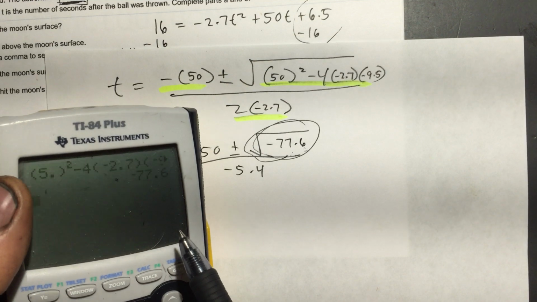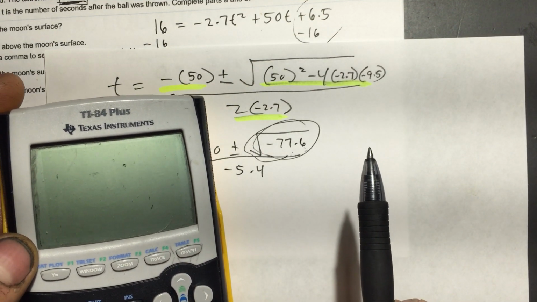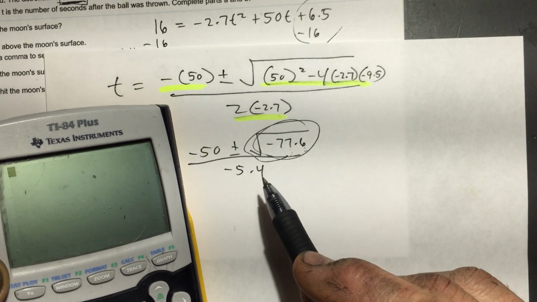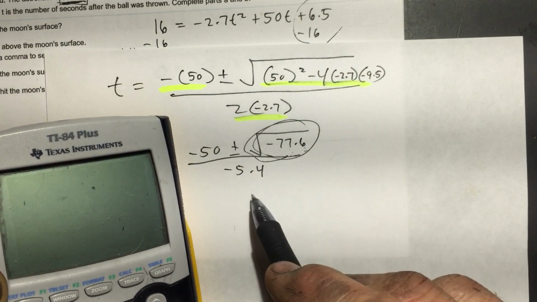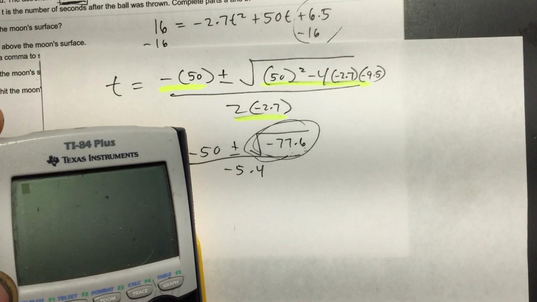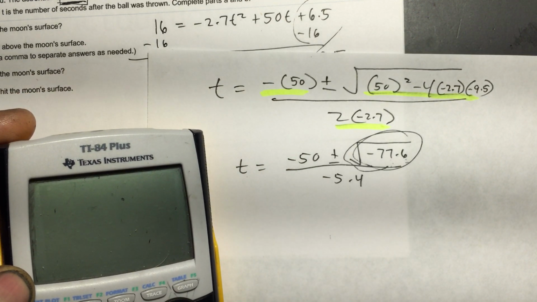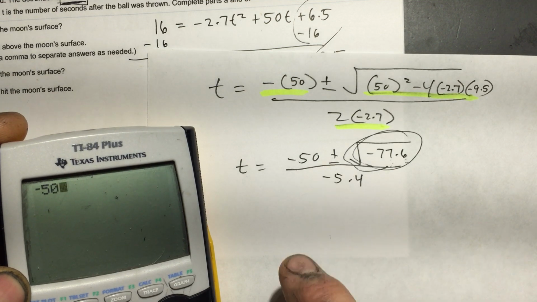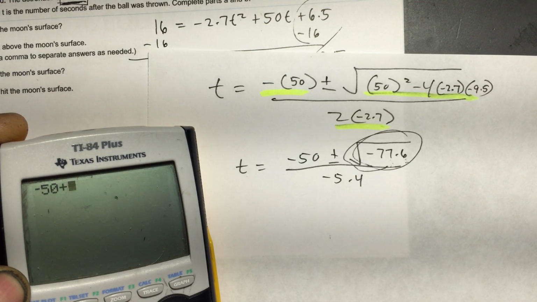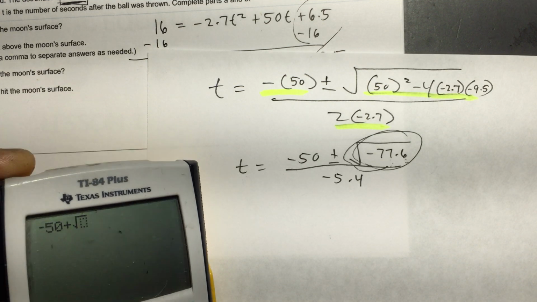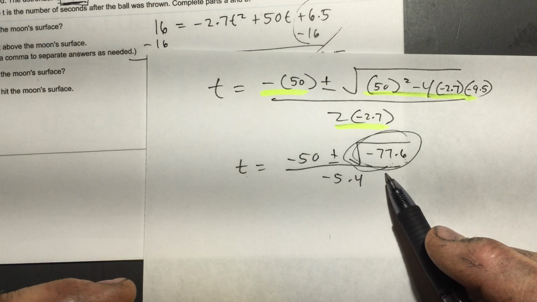So what I'm going to do here is use my calculator to do the whole thing all at once. Instead of punching this in and then writing it over and then doing my two answers, I'm going to do both answers at once. I don't know if that makes sense. Let me show you. So I'm going to do negative 50 plus radical. Oh, wait a minute. This is negative.